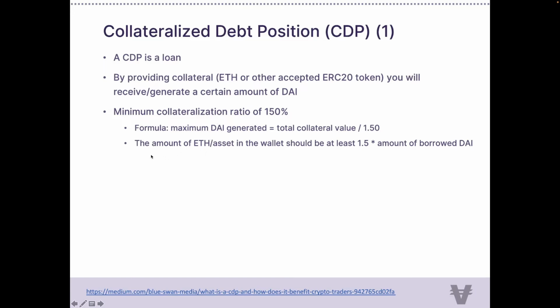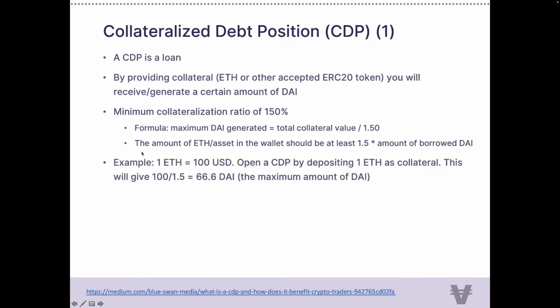If we change this formula a little bit, we get that the amount of ETH or asset in a wallet should be at least 1.5 times the amount of borrowed DAI. Here is an example: in the case where 1 ETH is $100, we can open a CDP.